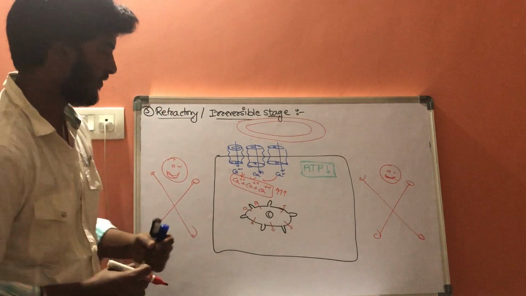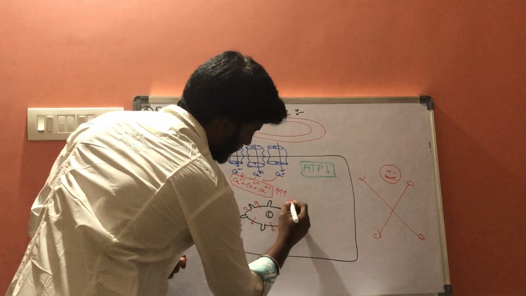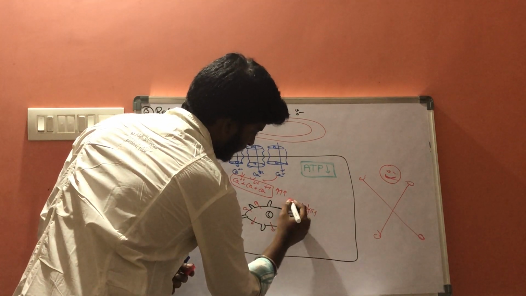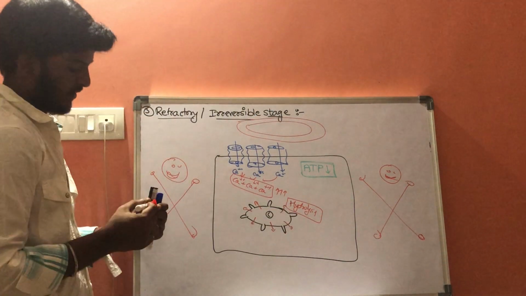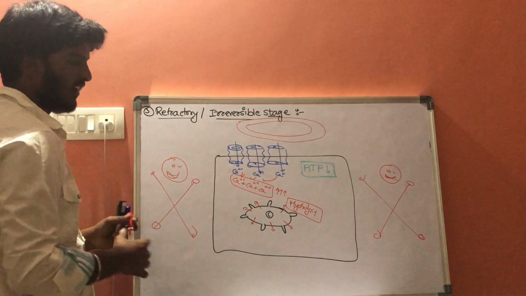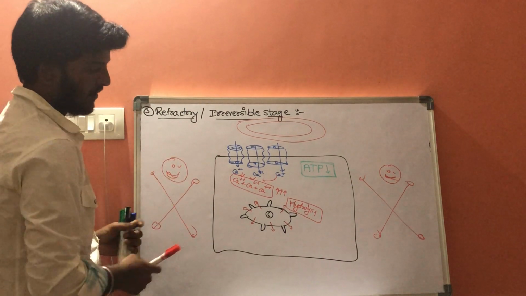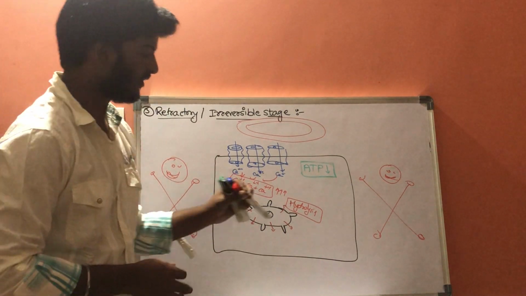These lysosomal enzymes help in hydrolyzing. How it hydrolyzes means it attacks the genetic material and results in death of the cell.